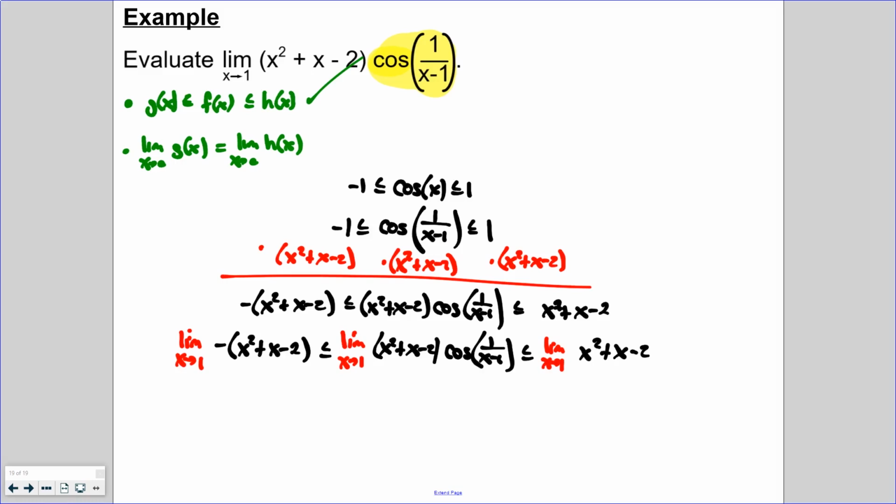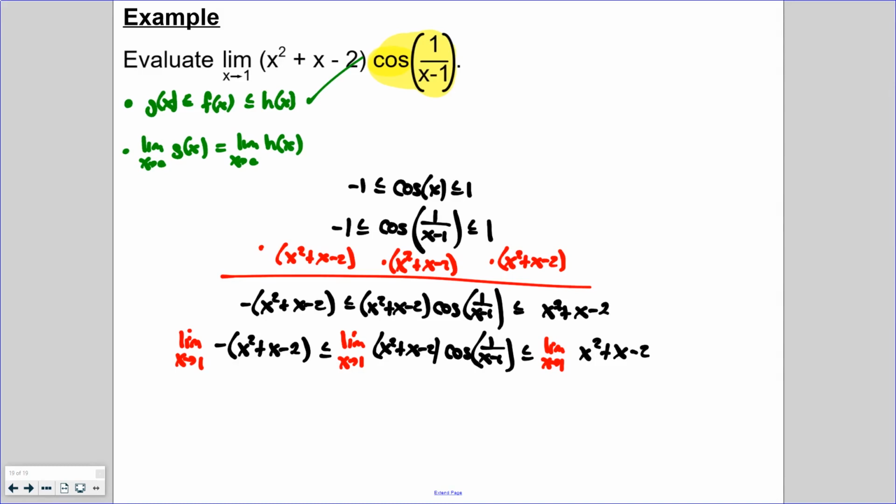Yay, upper level math. All right, so now we can evaluate the lower and upper limits. Remember, these two have to have the same intended height, or both these limits have to equal the same number in order for us to actually squeeze our middle limit here.